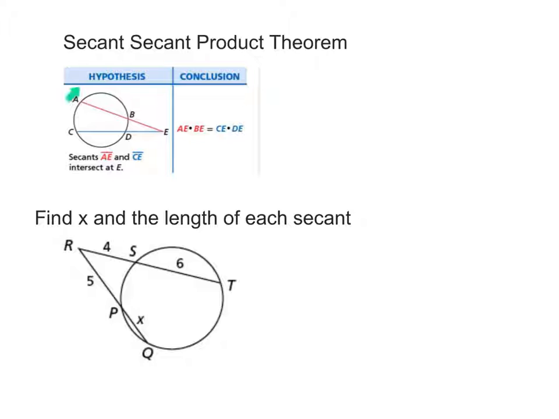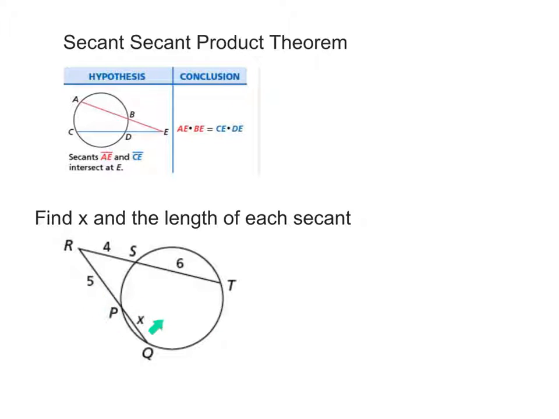This theorem is saying that if you take the total secant AE and multiply it by the exterior part of that secant, BE, so total times exterior is equal to the total of the other secant, CE, times the exterior piece, DE.